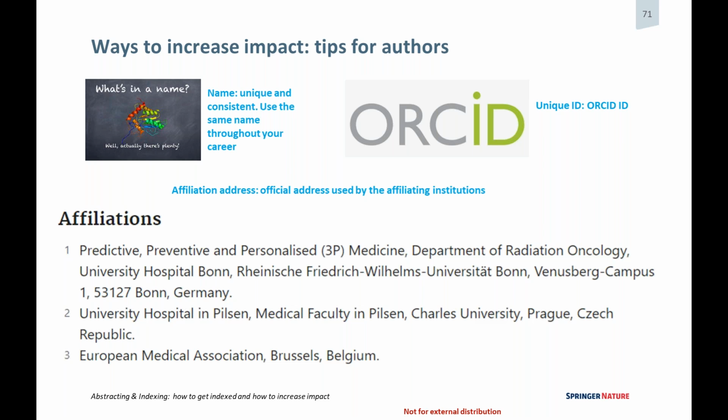So make sure that you are using a unique name consistently throughout your academic career, so that all citations are accrued under the same name, which is now tied up with ORCID ID. ORCID ID or a similar type of unique ID will help bring all different variations in your name together so that it could be tracked.